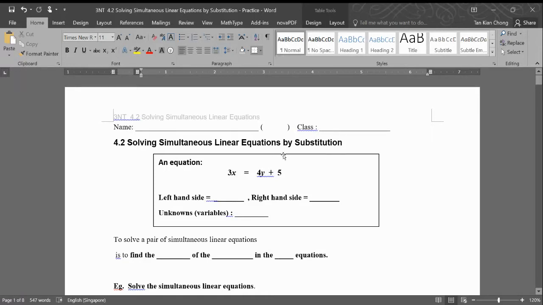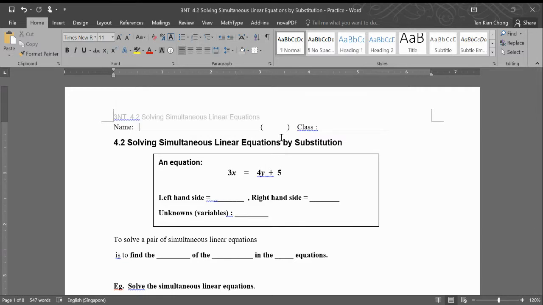Now for today's lesson, we're going to start a new topic, chapter 4, which is solving simultaneous linear equations. But I'm going to skip 4.1. Perhaps we can refer to our textbook at the same time.